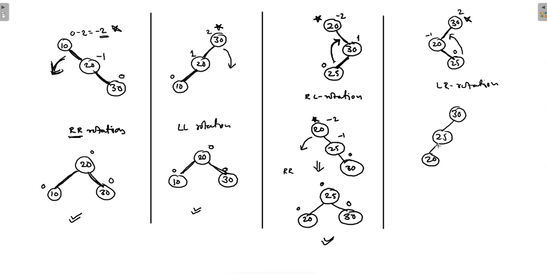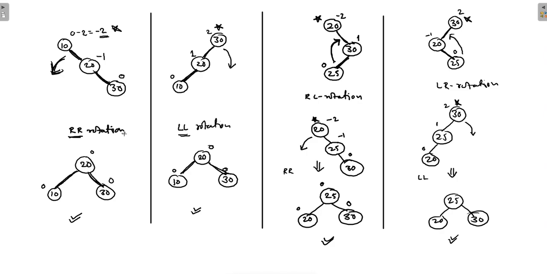If you calculate the balance factor again, it becomes unbalanced, and this is the case of left left rotation. So you need to rotate this 30 towards the right-hand side. Once you rotate the left left, your final tree will be 25, 20 will be as it is, and 30 will be rotated to the right-hand side of 25. So this will again be a balanced tree.